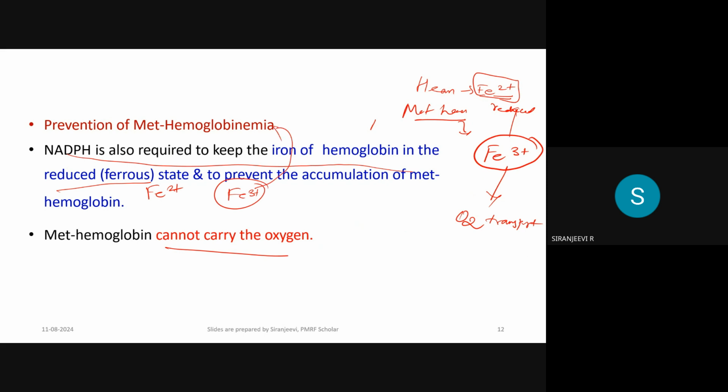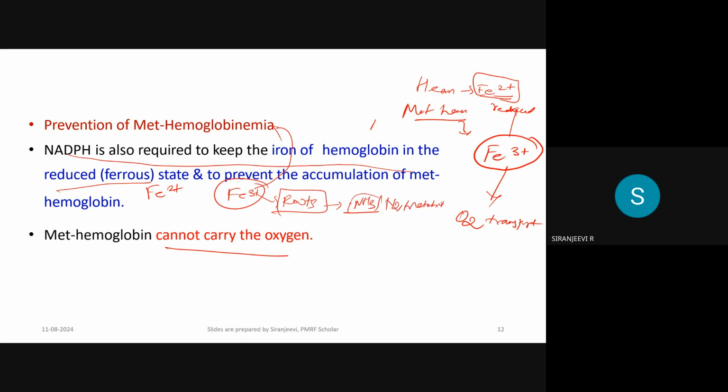These methemoglobins are also there in the roots of the plants. You will study the importance of methemoglobin in the case of ammonia and nitrogen metabolism.